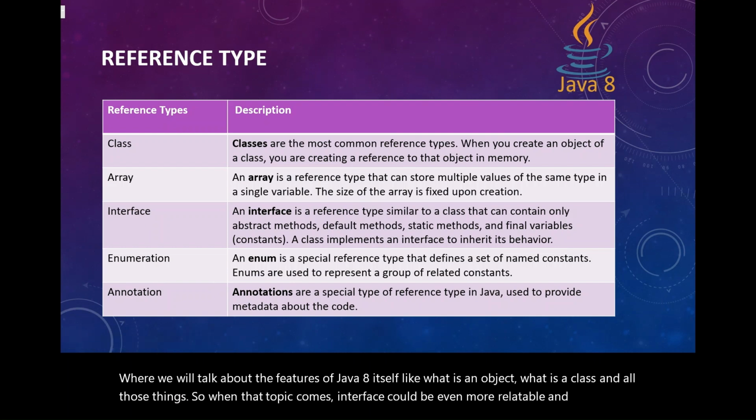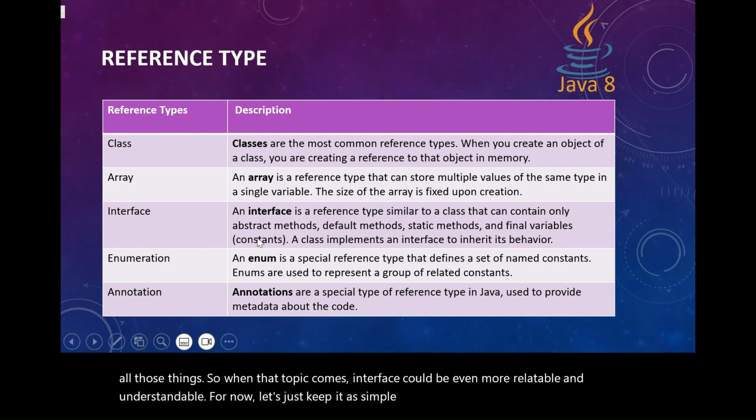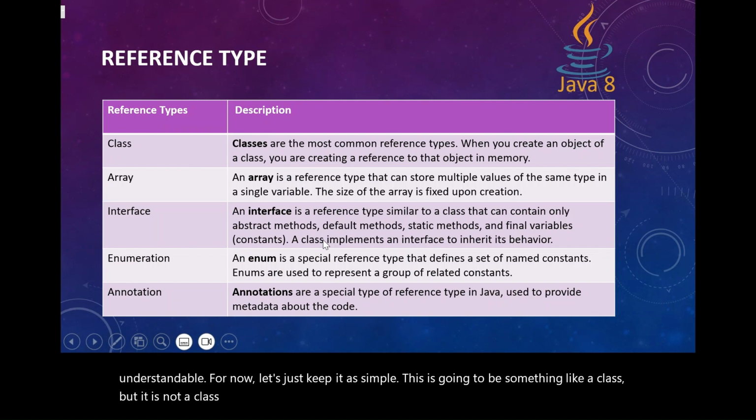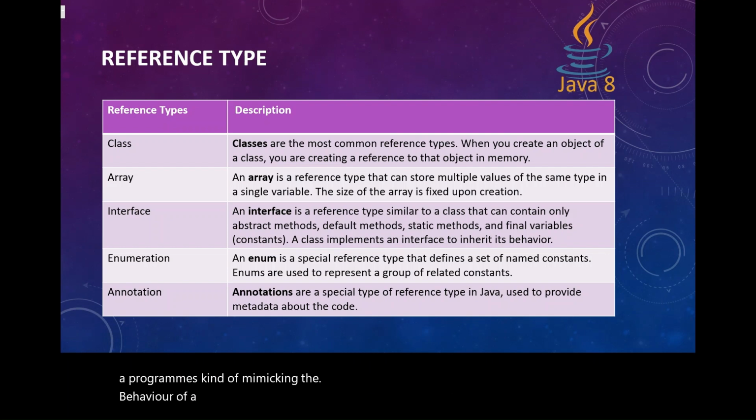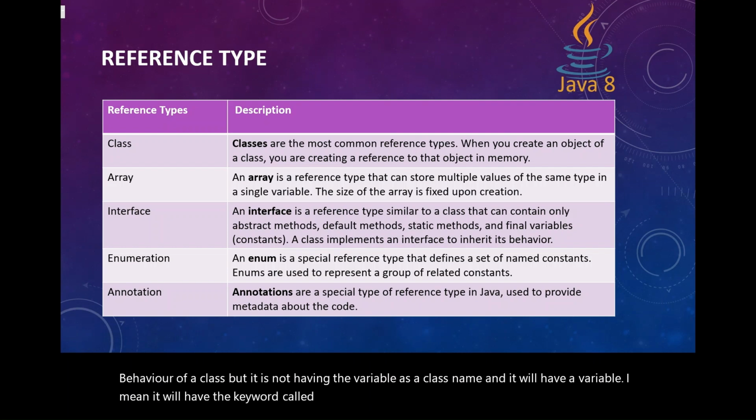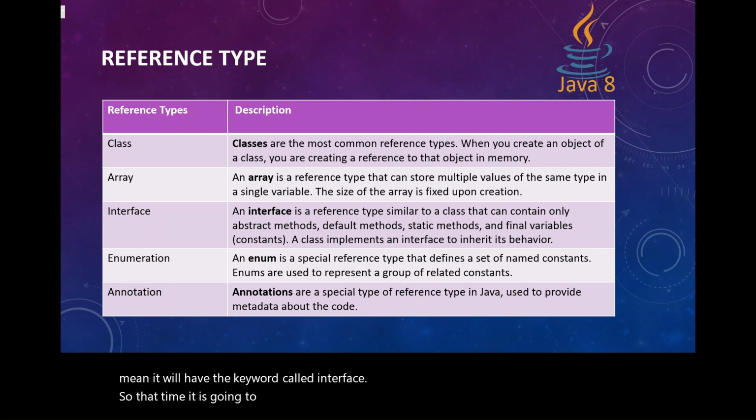For now, let's keep it simple: it is something like a class, but it is not a class. It is going to be using a class. When you see a program mimicking the behavior of a class, but it does not have the keyword class and instead has the keyword interface, that is also going to be a reference type.